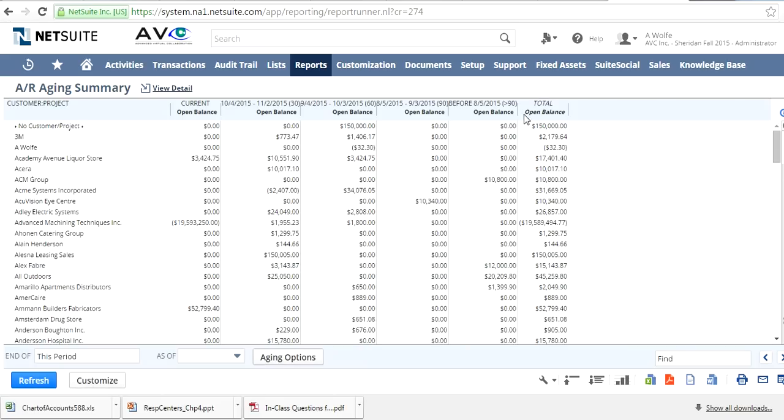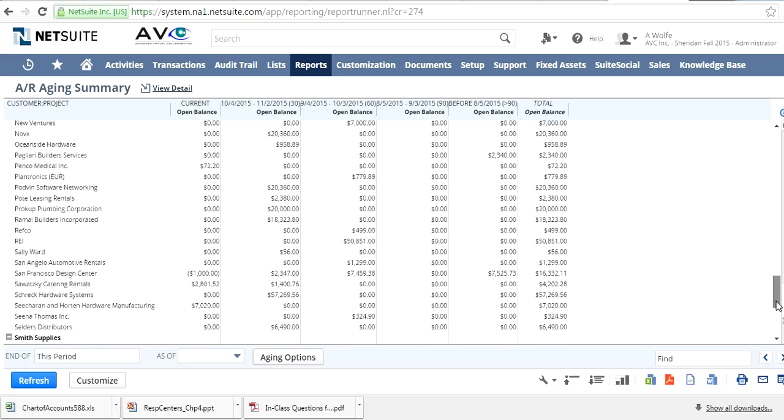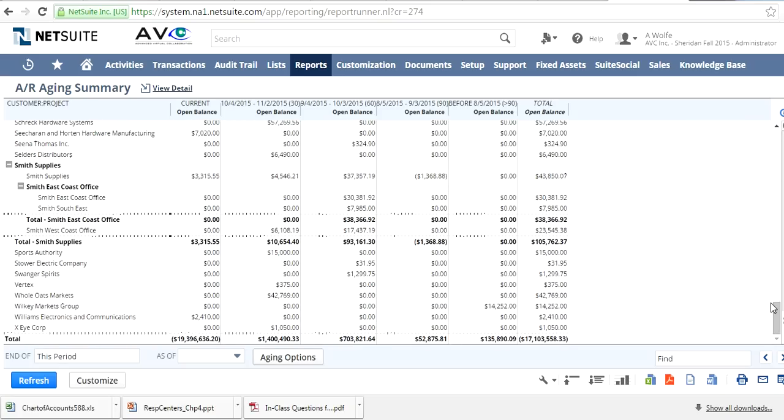And we have total open balance, and I want to go all the way down to the bottom.